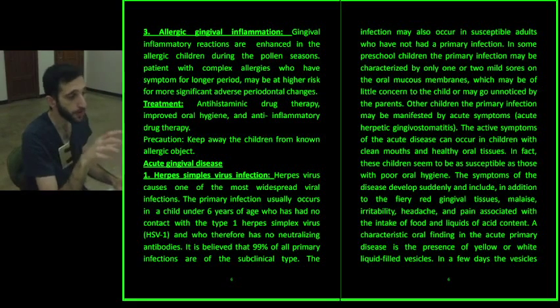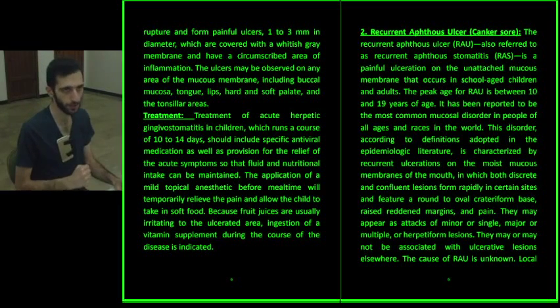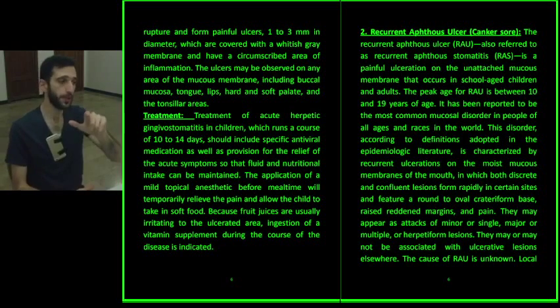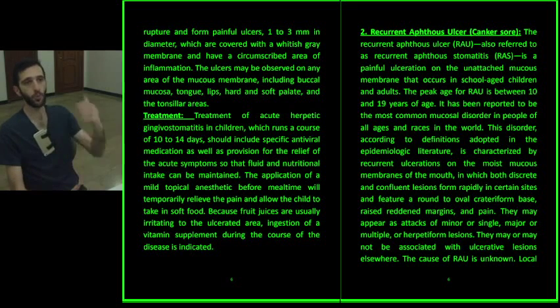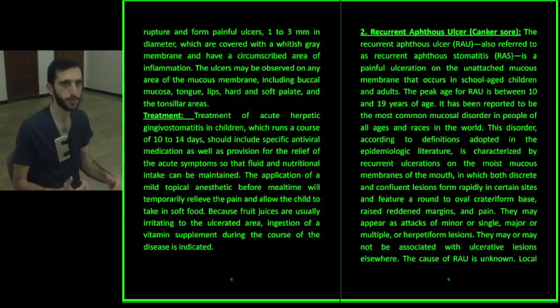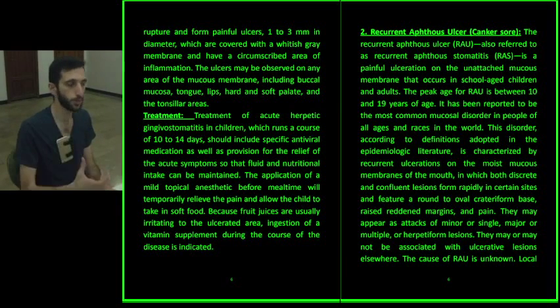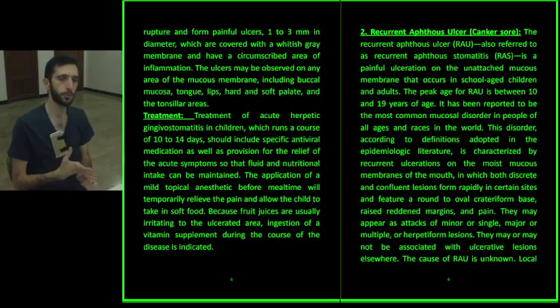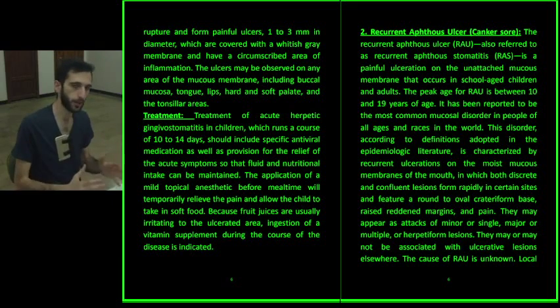In a few days, the vesicles rupture and form painful ulcers 1 to 3 millimeters in diameter, which are covered with a whitish gray membrane and have a circumscribed area of inflammation. The ulcers may be observed on any area of the mucous membrane, including the buccal mucosa, tongue, lips, hard and soft palate, and the tonsillar area as well.